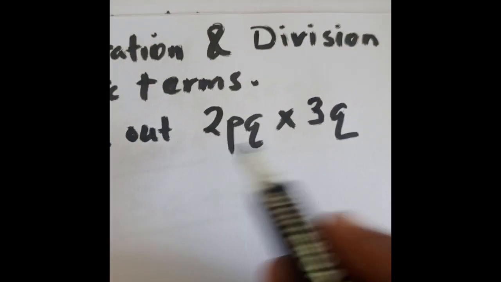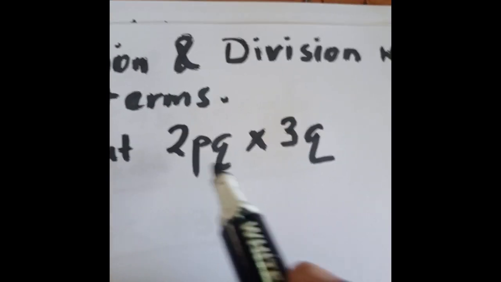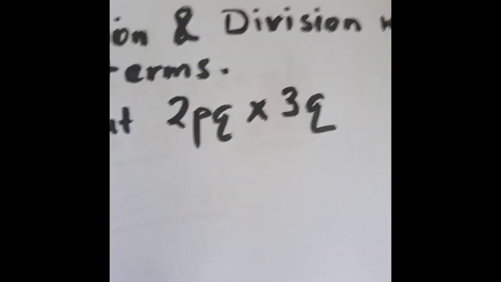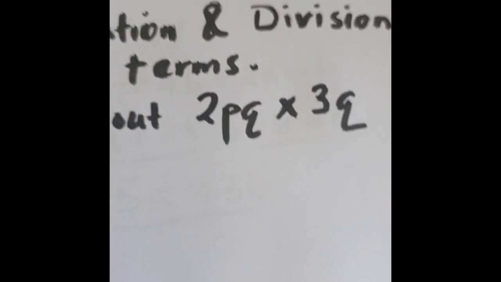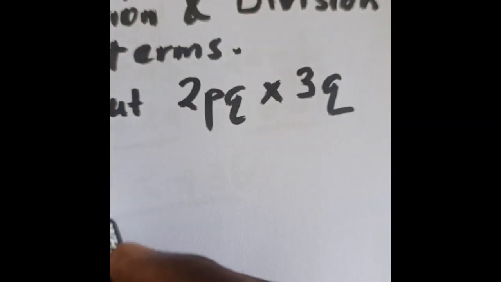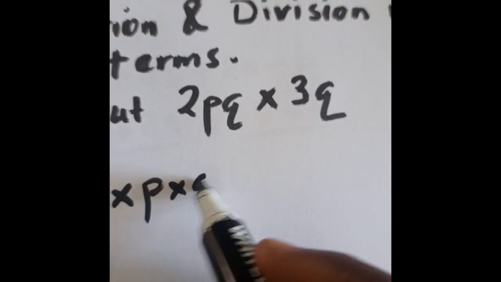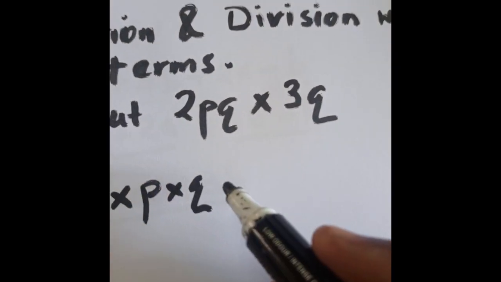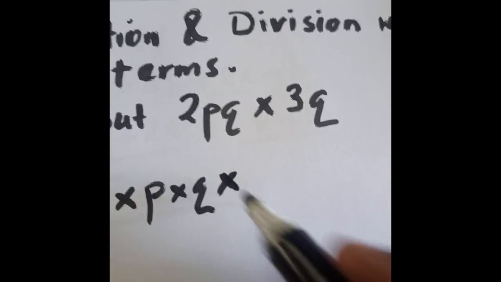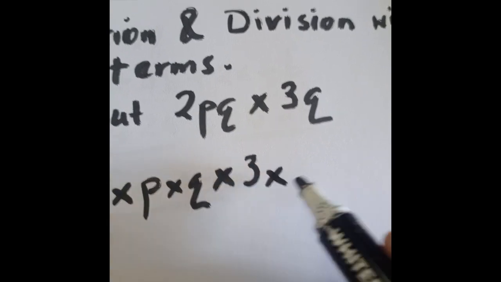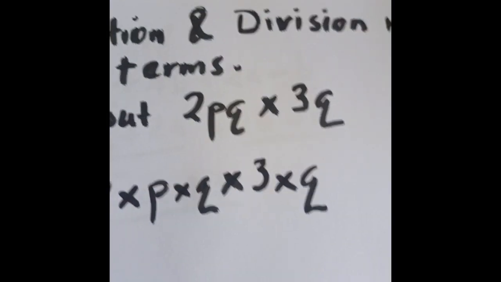So these are two algebraic terms that you are to multiply by each other. Now in this case, you know that 2pq is the same as 2 times p times q. Then we have been asked to multiply by 3q, which is the same as 3 times q.